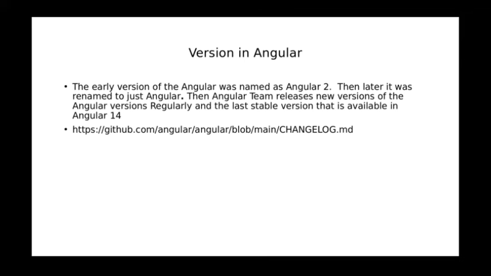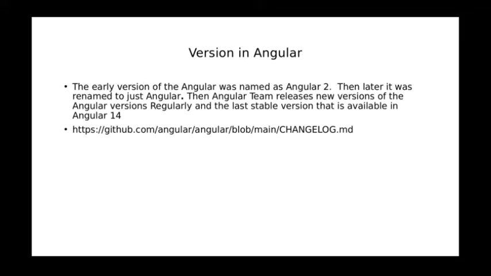So the next was versions. Initially Angular 1.x was released around 2010, but it was the MVC architecture. I hope you guys know about the MVC architecture, model view controller. Later on Angular 2 was released, and after that so many versions have been released till now.